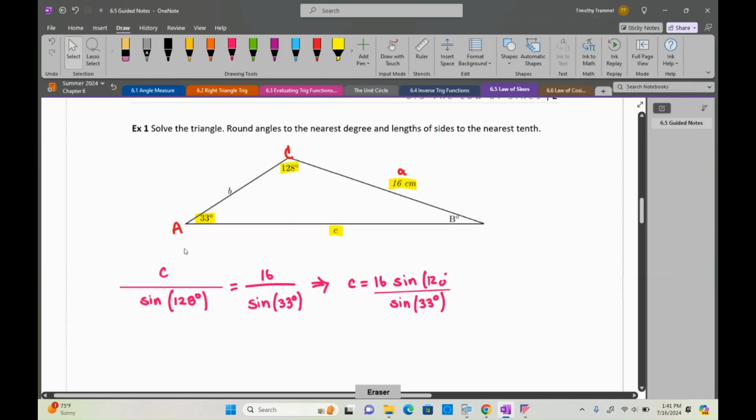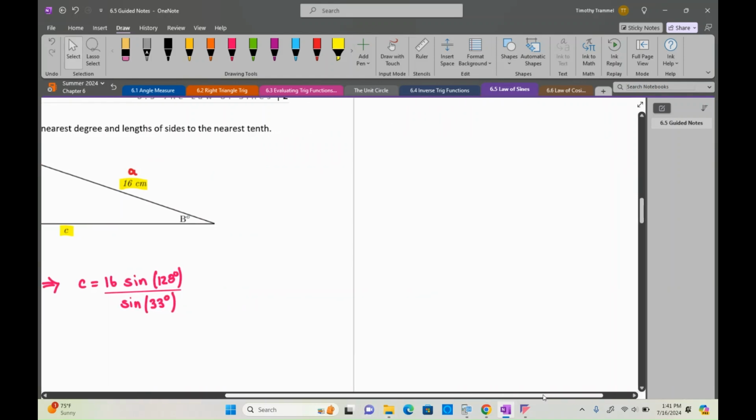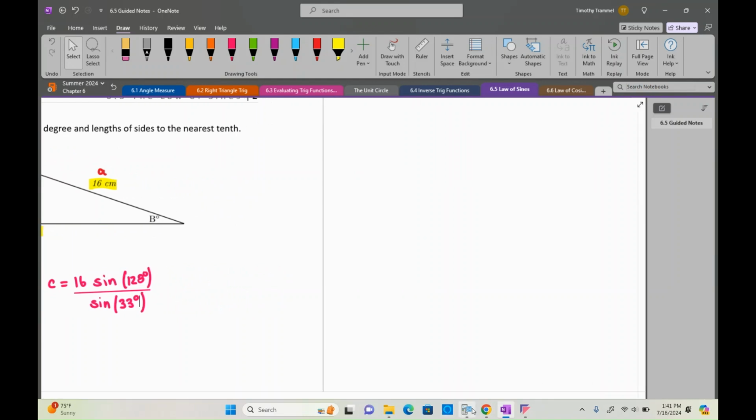In the directions up here, it says to round angles to the nearest degree and lengths to the nearest tenth. So we'll plug this into the calculator and round it to the nearest tenth, since c is a side length.